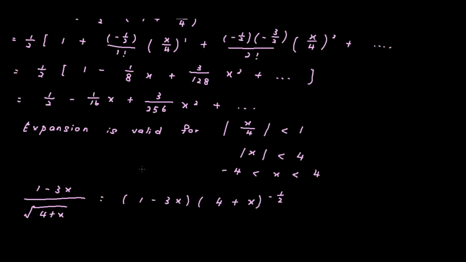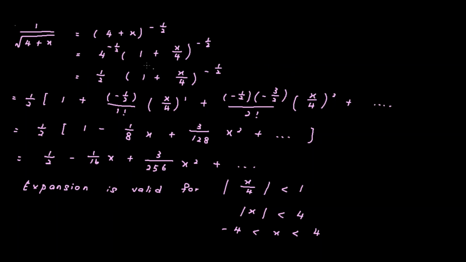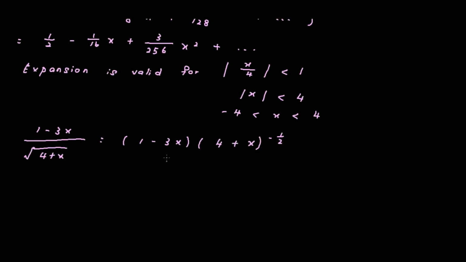This is exactly what you have found just now, so you just copy down the equation. So 1 minus 3x, then 1 over 2 minus 1 over 16 x plus 3 over 256 x squared plus so on.